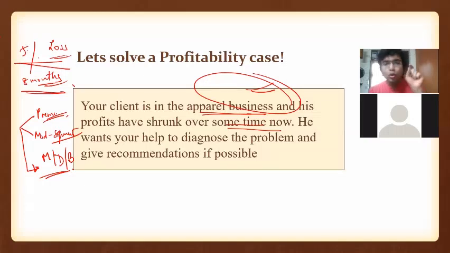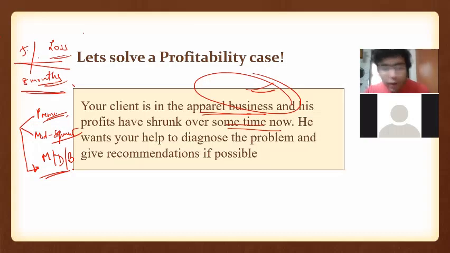So it is prudent to assume that only one part of the business would be affected more than the other. And let's say even when everything is getting affected, not everything would be affected to the equal magnitude. So you have to identify which is the biggest problem area. And this is the third question that we will ask.